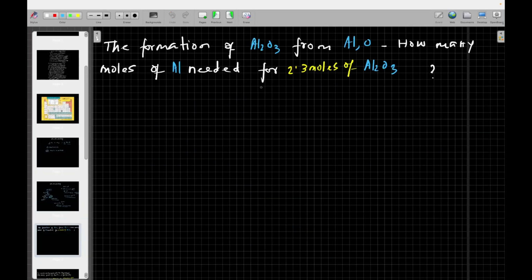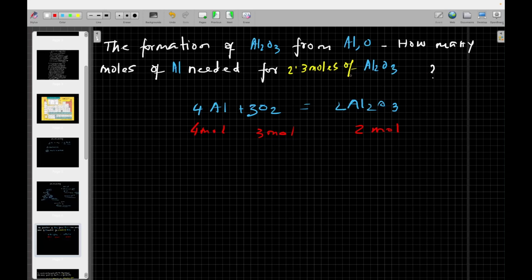This is a very simple problem where aluminum reacts with oxygen to produce aluminum oxide. First step, as I mentioned, let's balance the equation. By balancing the equation, we find that 4 moles of aluminum react with 3 moles of oxygen to produce 2 moles of alumina, or aluminum oxide.